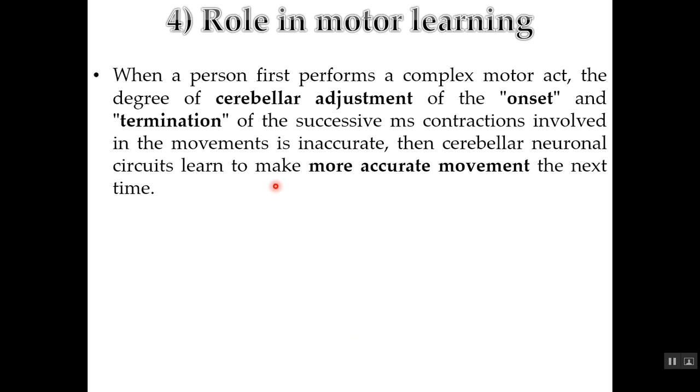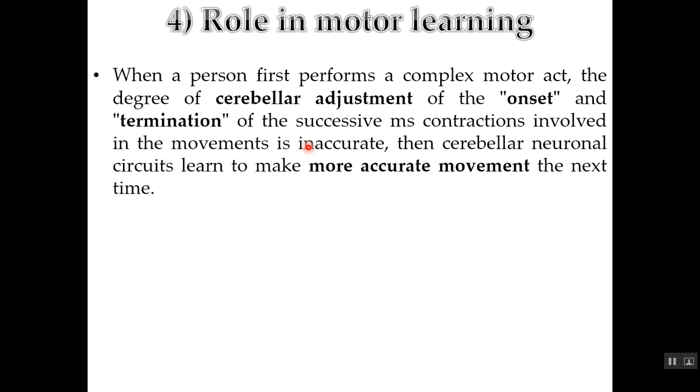When a person performs a complex motor act for the first time, the action of these neuronal circuits in adjusting the onset and termination of the successive contractions of the muscles involved will be inaccurate.